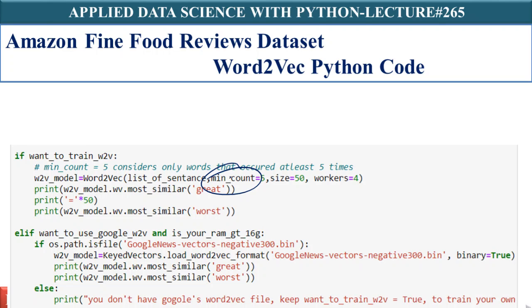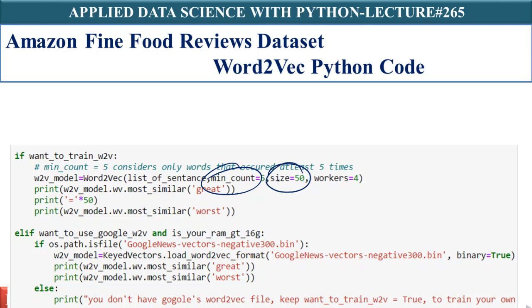Similarly, size basically means that from a word we want to convert to a vector.